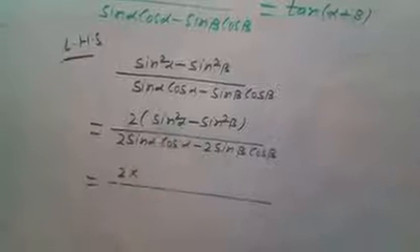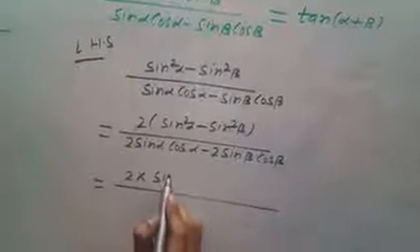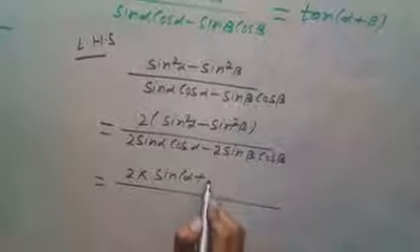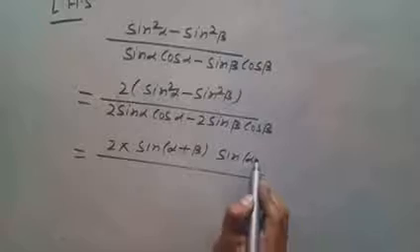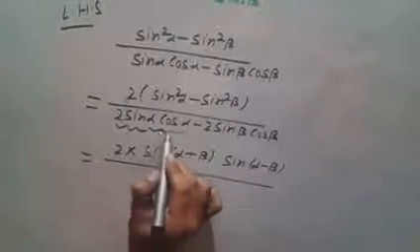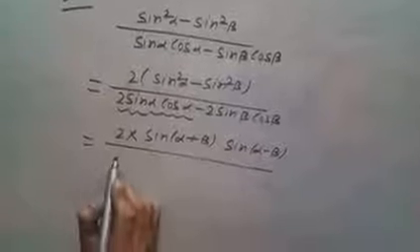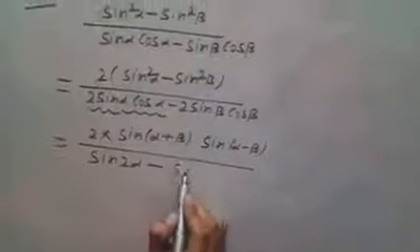We know that the formula of sin square a minus sin square b is sin a plus b into sin a minus b. So here sin alpha plus beta into sin alpha minus beta. Here the formula of 2 sin a cos a is sin 2a. So here sin 2 alpha minus sin 2 beta.